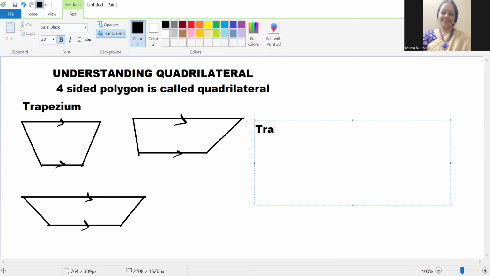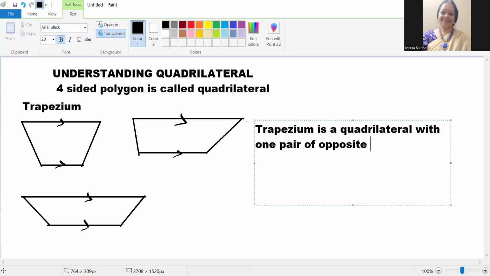So what can we write? Trapezium is a quadrilateral with one pair of opposite sides parallel. Only one pair of opposite sides parallel.